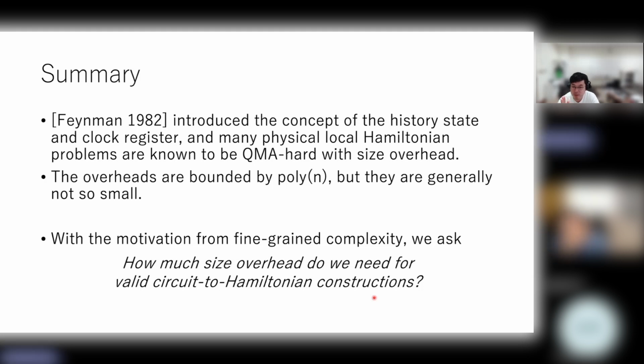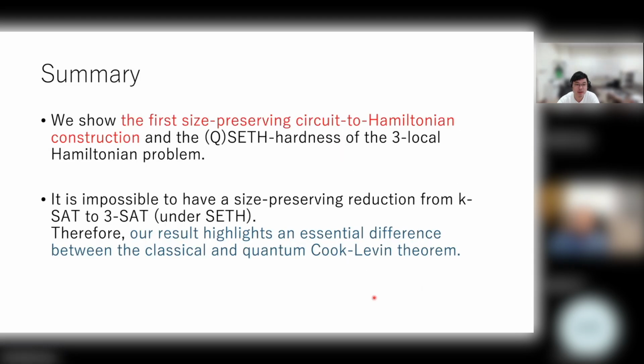From the definition of QMA, the size is bounded by a polynomial, but generally some large polynomial. With motivation from fine-grained complexity, we ask how large a history state we really need for a valid circuit-to-Hamiltonian construction.